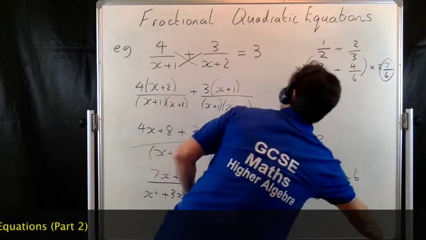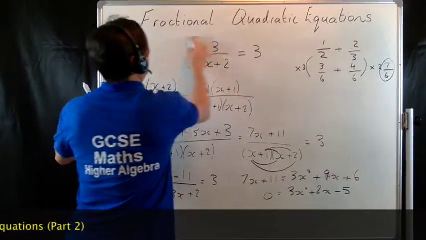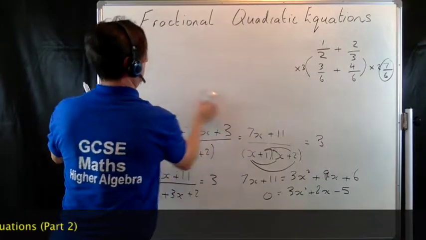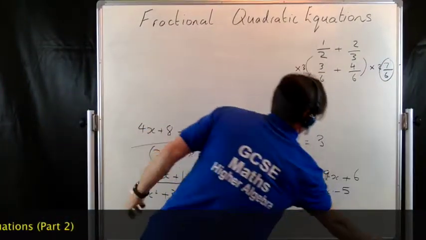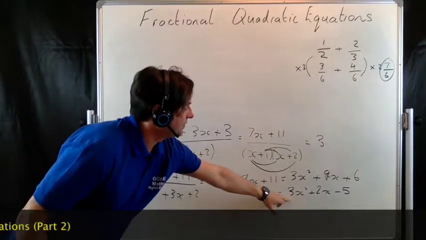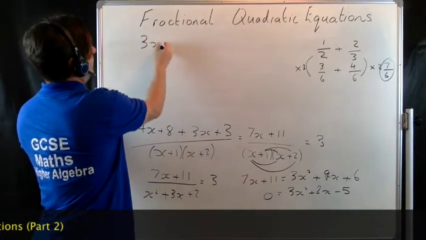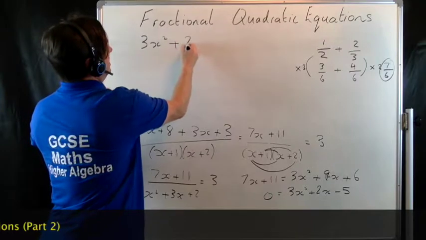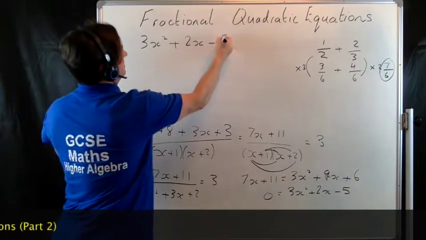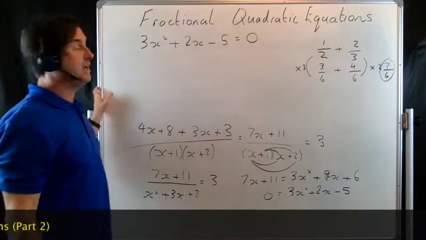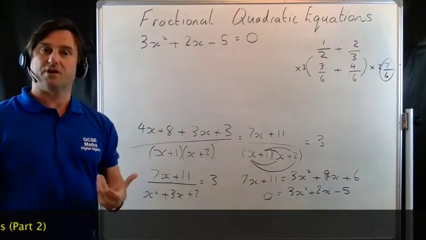I'm just going to go up to the top here and transfer this expression to the top of the page, which gives me 3x squared plus 2x minus 5 equals 0. Now I've got a basic quadratic that I'm going to try and factorise.